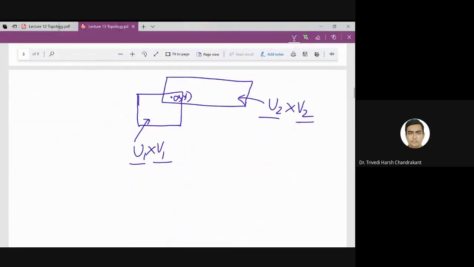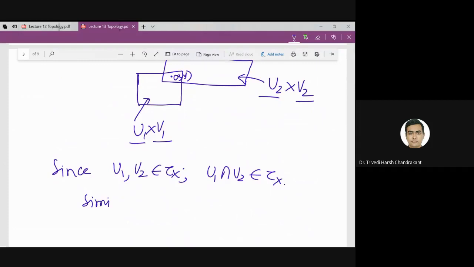So since U1 and U2 belong to tau x, U1 intersection U2 belongs to tau x. Similarly, V1, V2, so this is U2, just don't confuse with U and V. Now I'm taking V1, V2 in tau y.